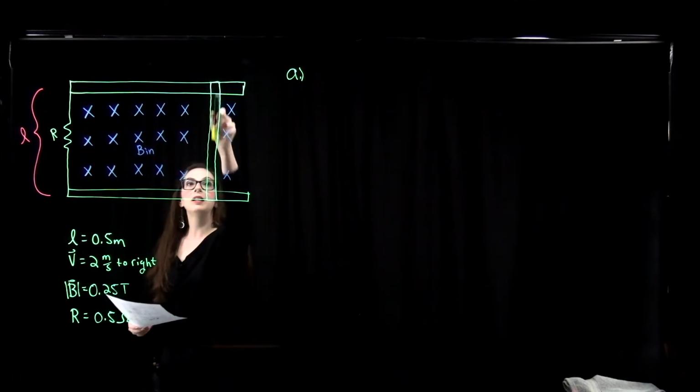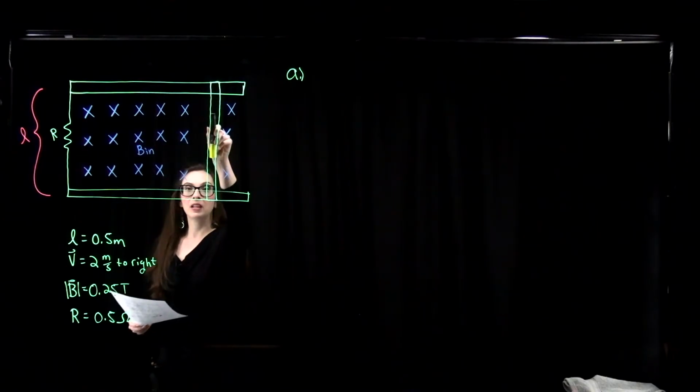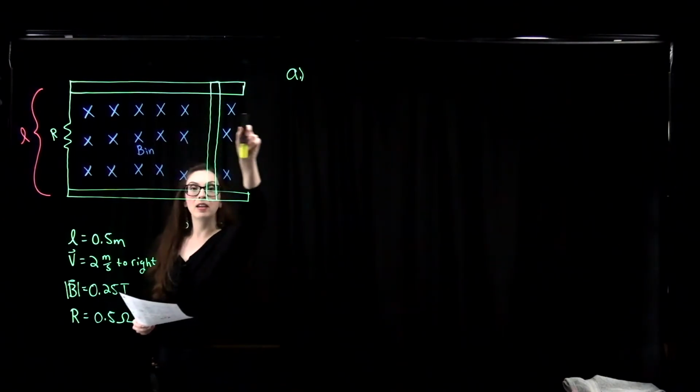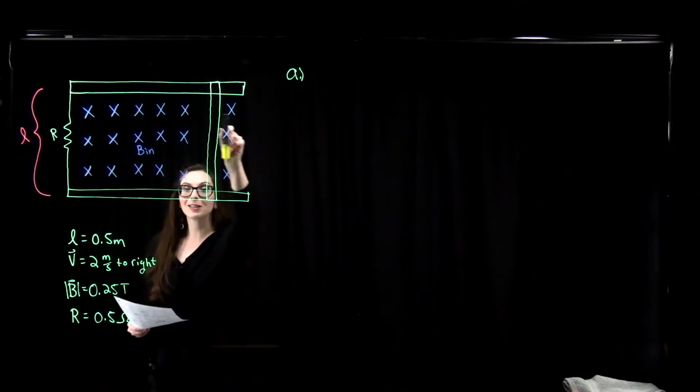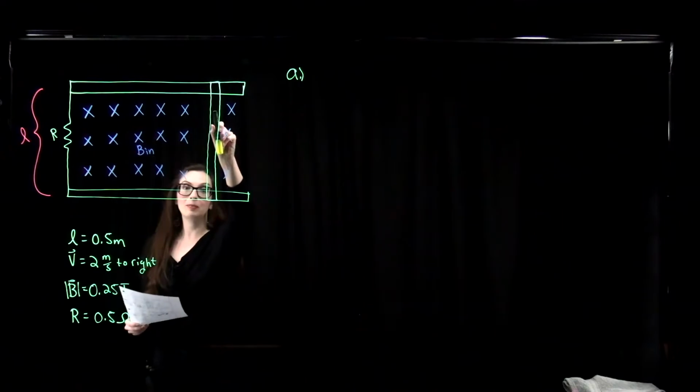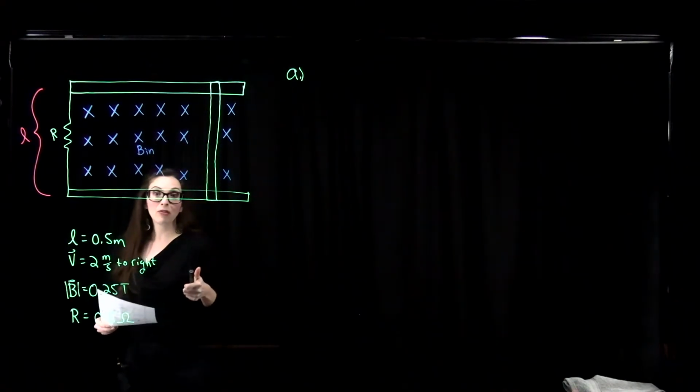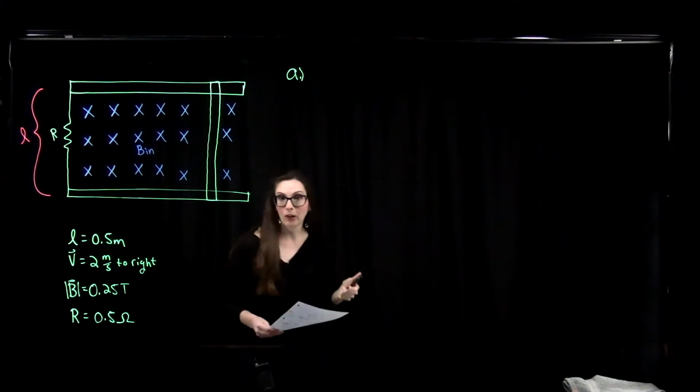And then these two parallel conductors are also connected by this conductor here. This is a bar that I can slide in either direction. And when I move this bar, that's going to induce a change in magnetic flux within the loop, and that's going to induce an EMF, and that's going to induce a current.